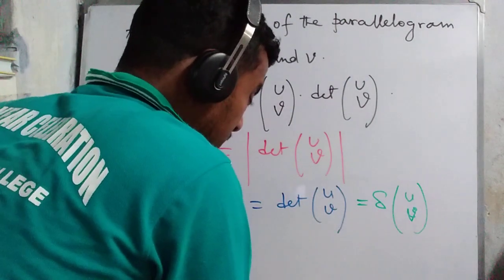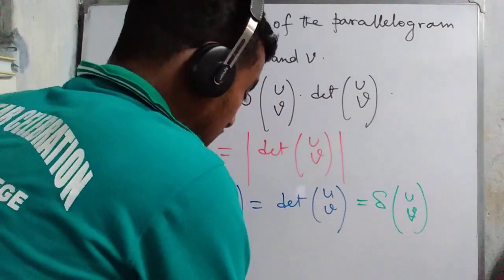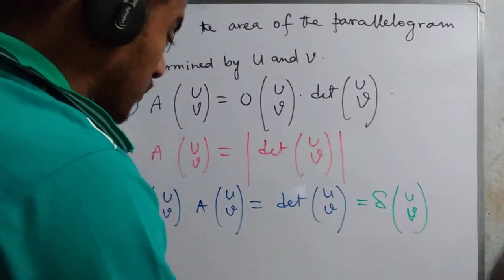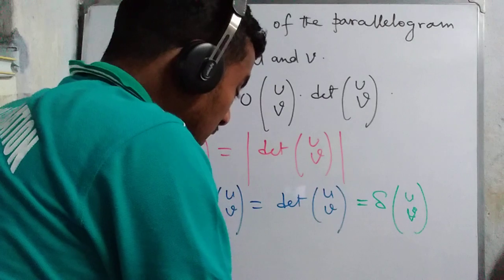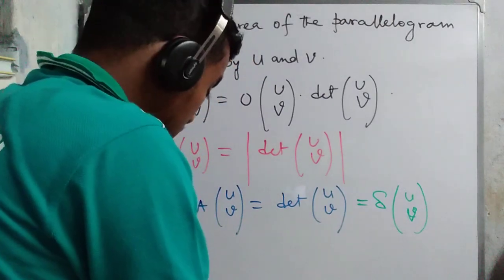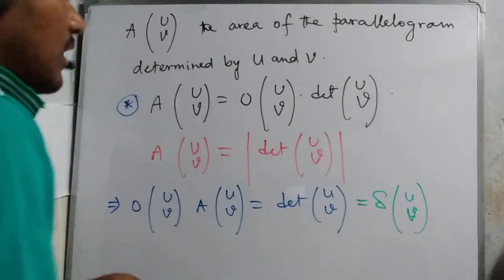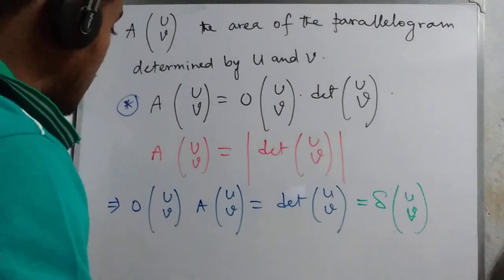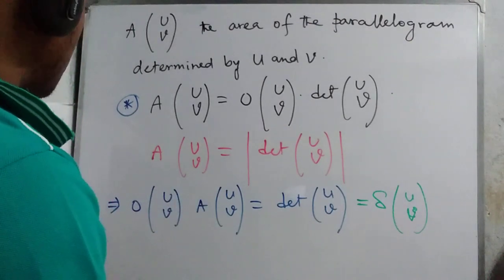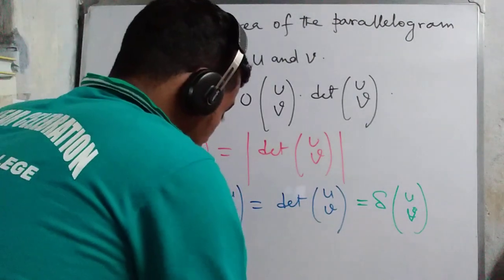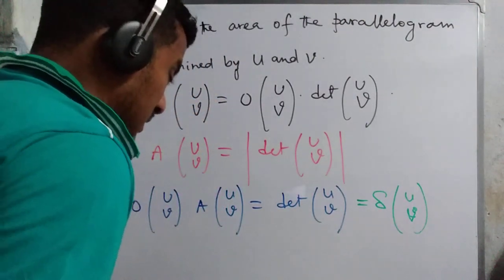So delta (U,V) equal to the orientation of (U,V) multiplied by the area of the parallelogram contained by the adjacent sides U and V.